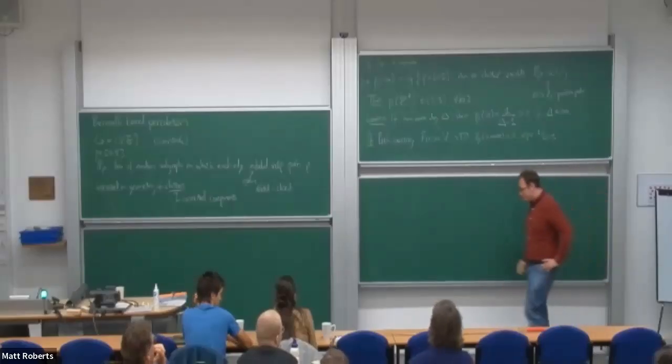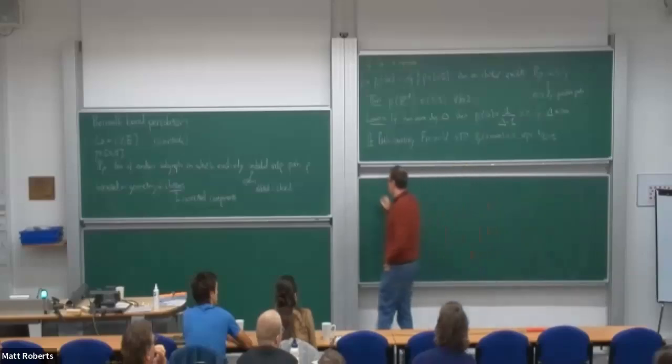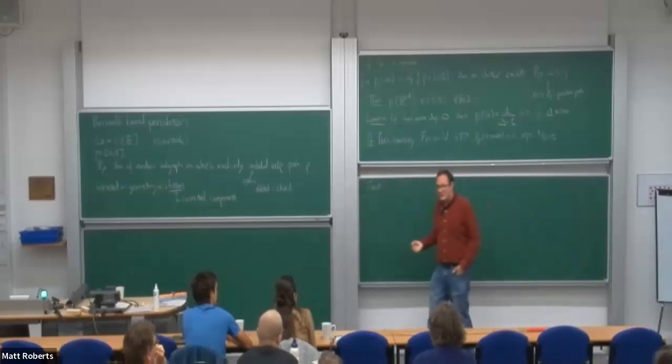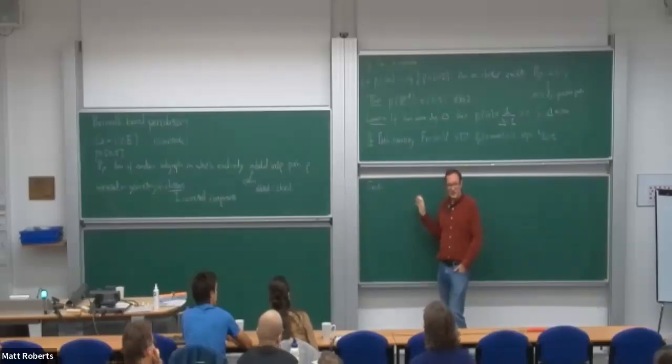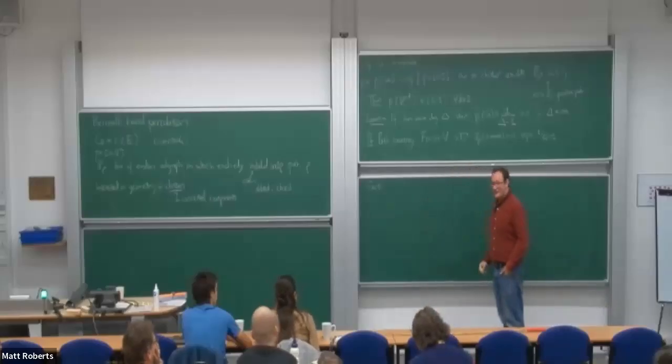Well, here's a fact, which is very easy to prove. It's a basic compactness thing. It has some fancy name that logicians use that I can't remember. Maybe someone in the audience knows.